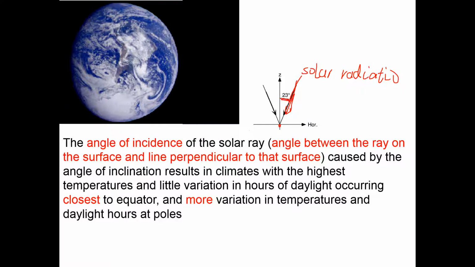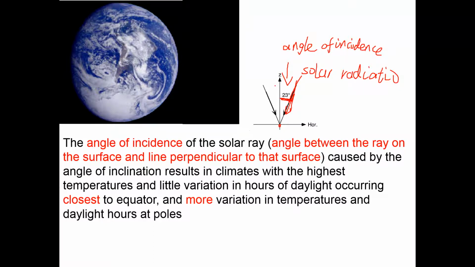This angle we call the angle of incidence. Not the angle with the ground. This will once again be studied more in Physics 20. It's the angle it makes with the perpendicular.